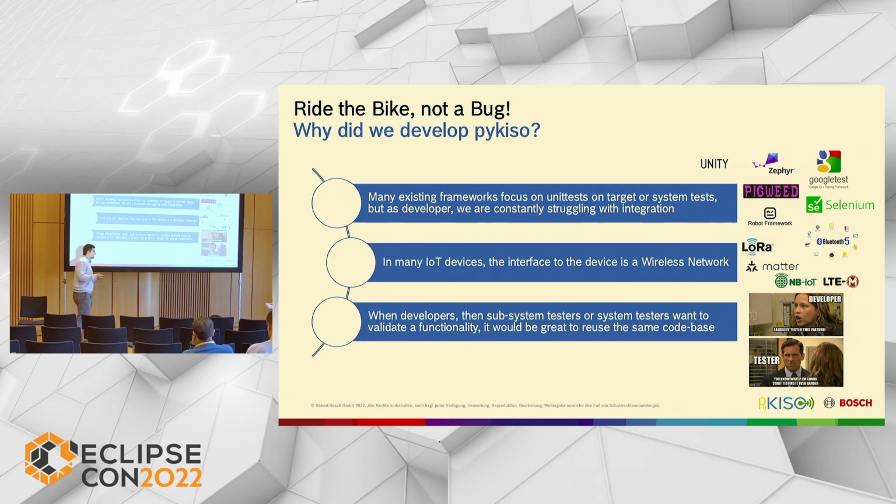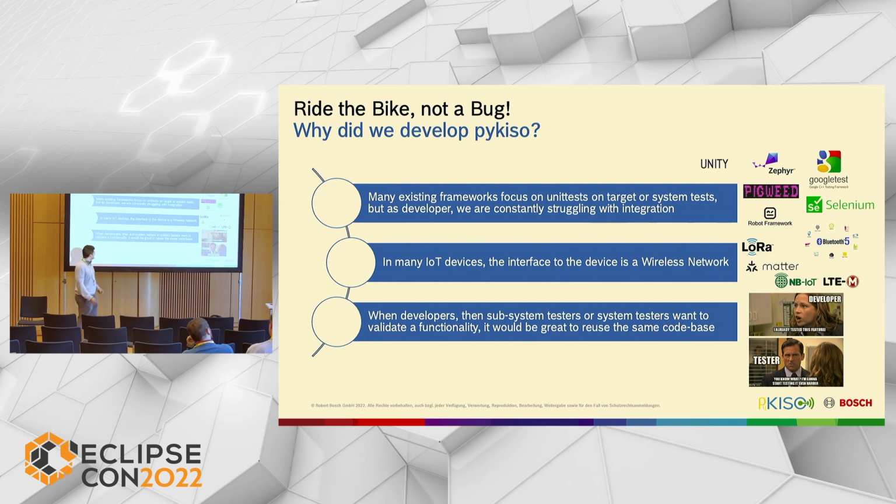The other point is, in case of a smart device or IoT device, probably the only interface I have to my device is a wireless communication. BLE, LoRa, Cat-M1. So I need to be able to test this one really well, to do a hard smoke test, see how it reacts with a lot of load, etc.